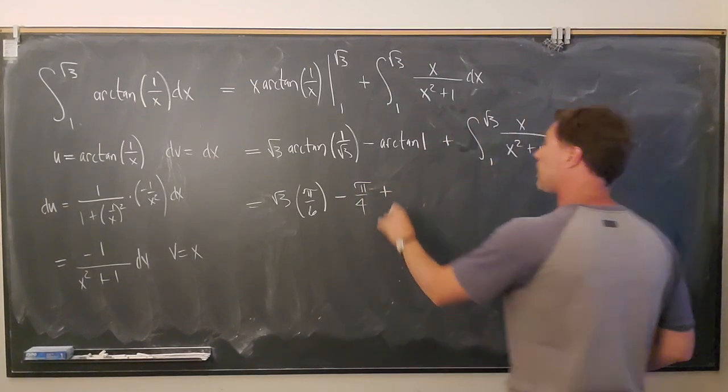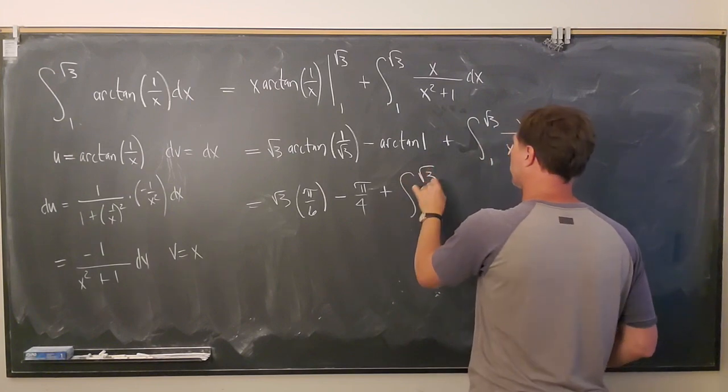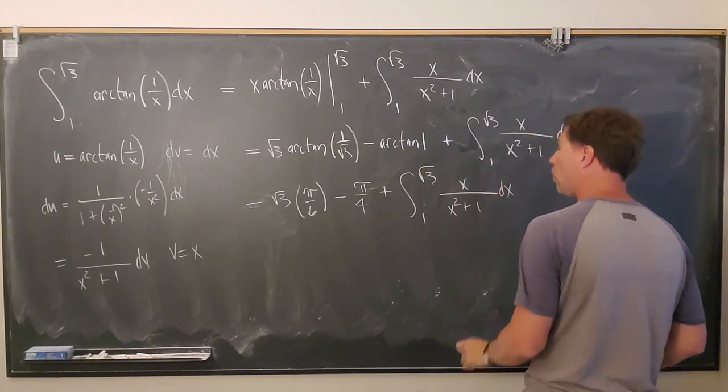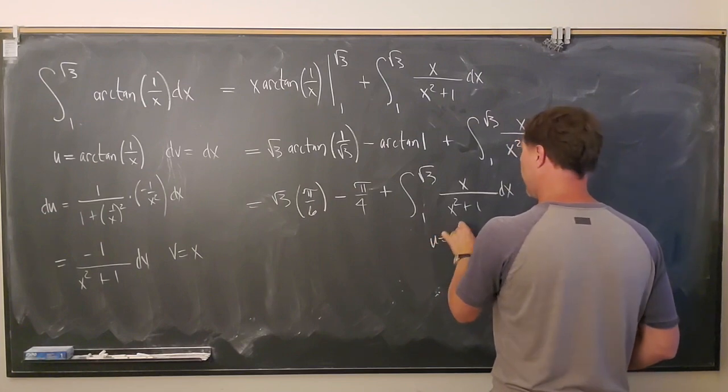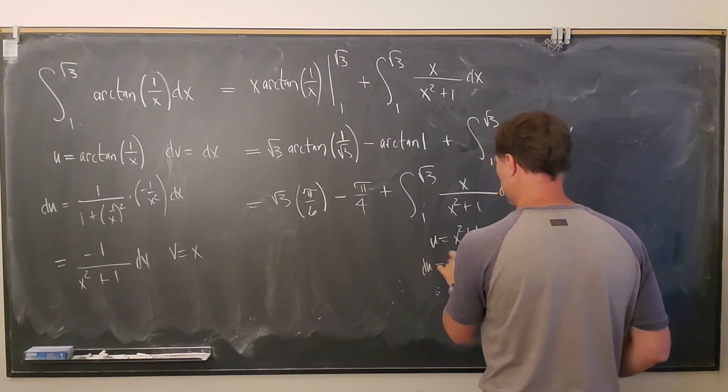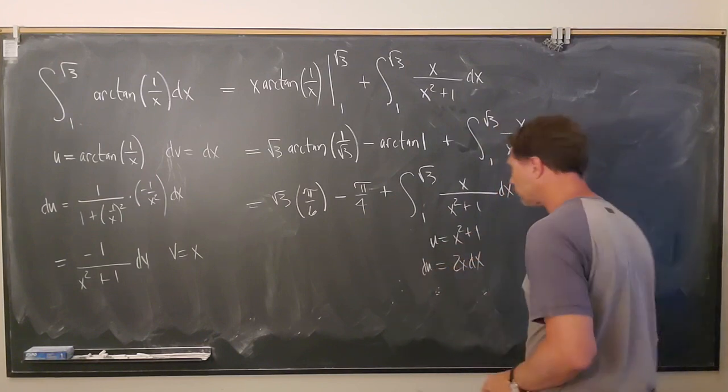I'm going to do this by substitution, where I let u equal x squared plus 1, in which case du is equal to 2x dx.